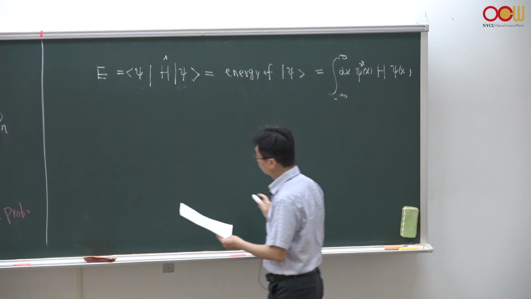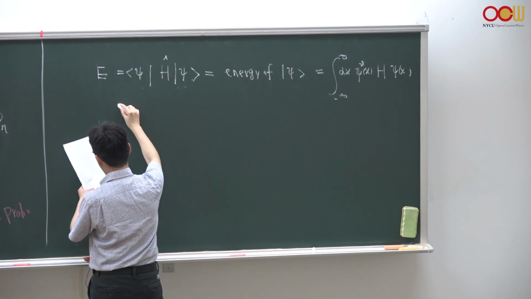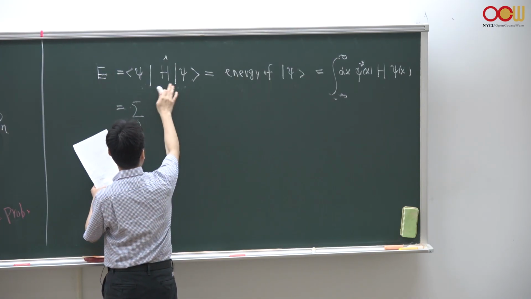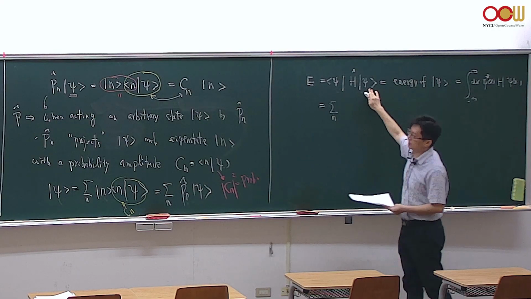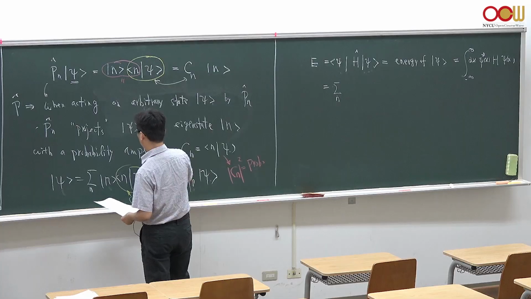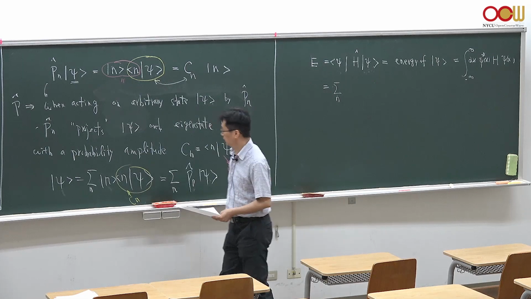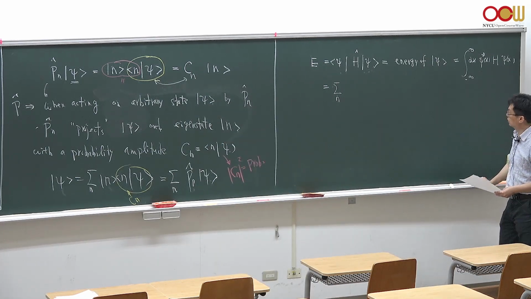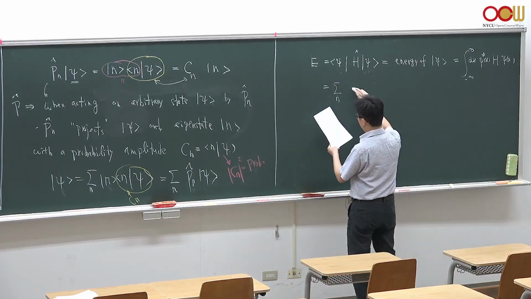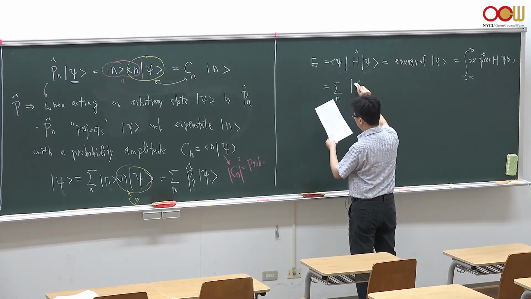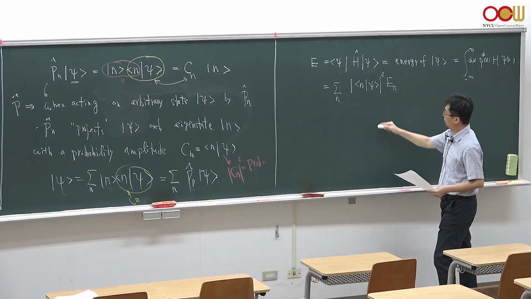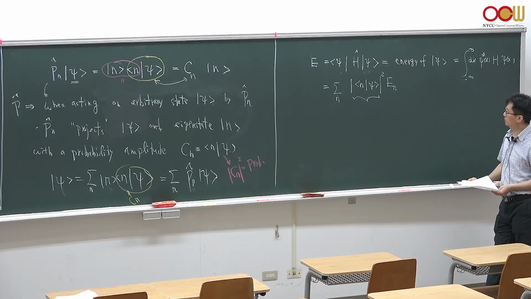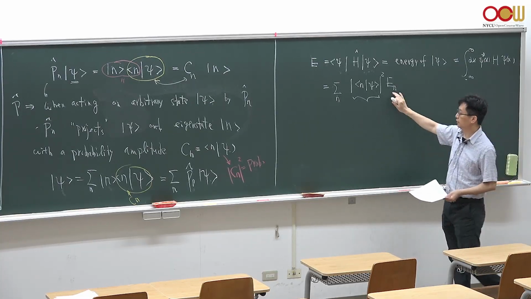So let's do it using this projection operator. You could again decompose this psi in terms of linear combinations of all eigenstates with the proper coefficients. And when you do it, you'll find that this is nothing but the probability that you take a measurement and the result gives you an eigenenergy En, right?